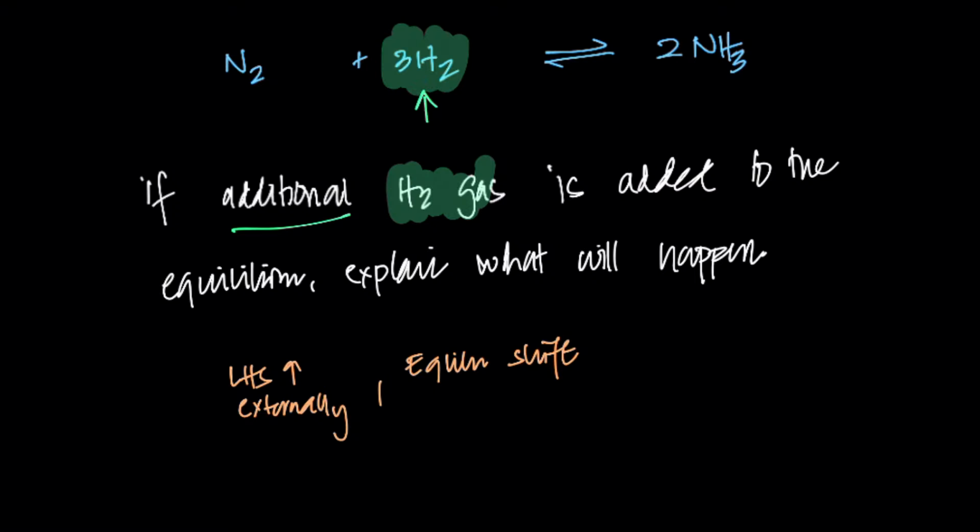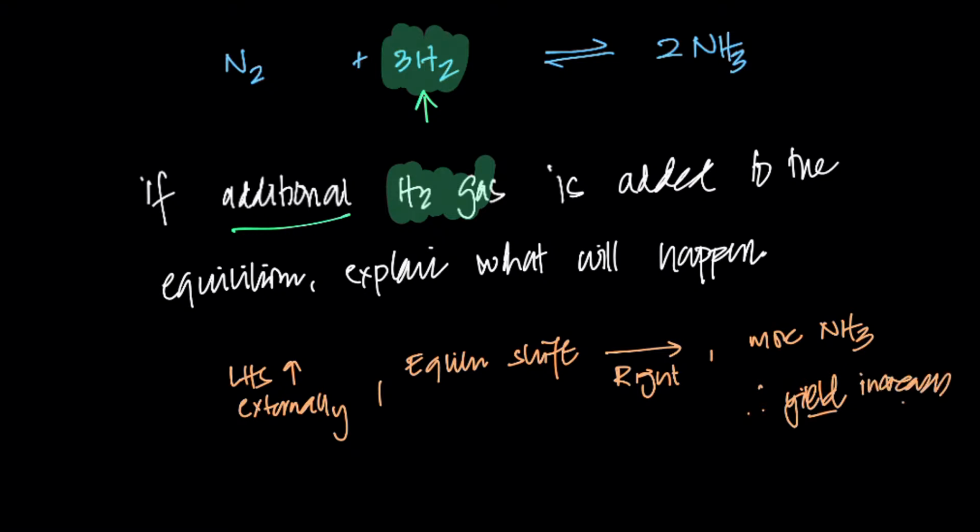How will the equilibrium shift? The equilibrium will have to decrease left hand side. How does it decrease left hand side? By shifting right. That's the one way to decrease left hand side. If it shifts right, it means it makes more ammonia. Therefore, yield, which is about the right hand side, increases. All right?